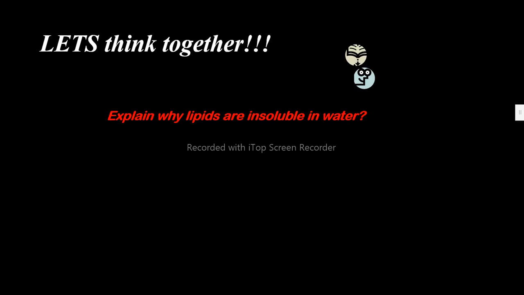Anyone else? I think the fatty acids have got tails, and most of the time tails are hydrophobic or water repelling, and I think it is the only reason why the lipids don't dissolve in water.